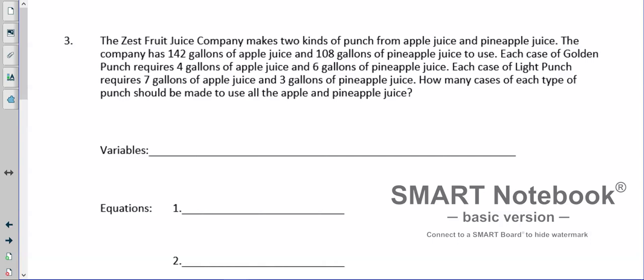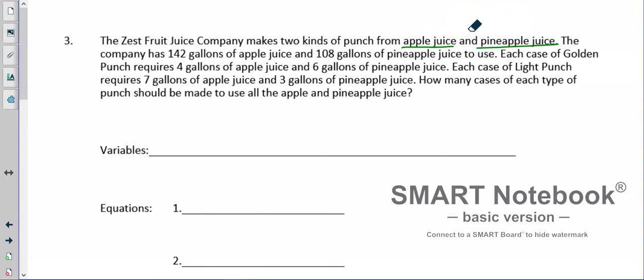2 more. A lot of numbers here in this one. Okay? The Zest Fruit Juice Company makes 2 kinds of punch, from apple juice and pineapple juice. So I'm going to use A and P. Sorry, not right off the bat. This gets more complicated. That is going to be important, though.